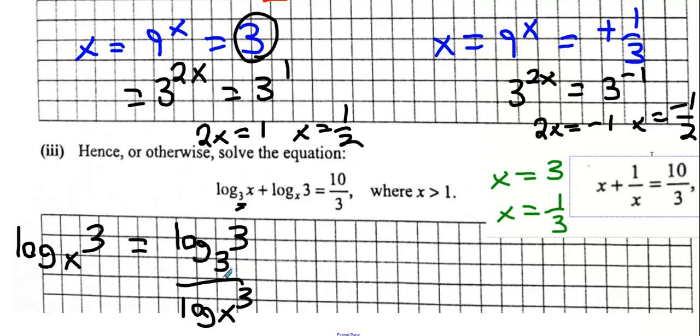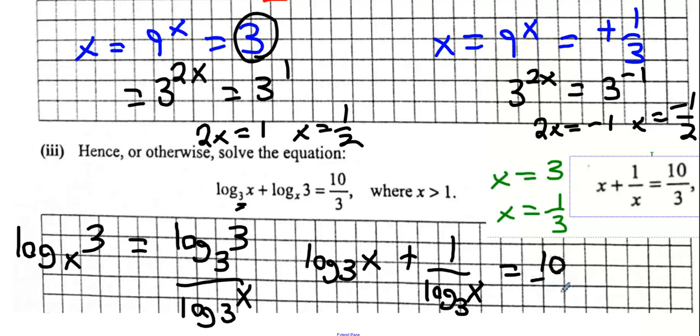And what's log 3 base 3? 1. So you've effectively changed your question into... Oh, yes. Sorry. I got the bottom mixed up, didn't I? The bottom should be x base 3. Yeah, thanks for that. So log x base 3.